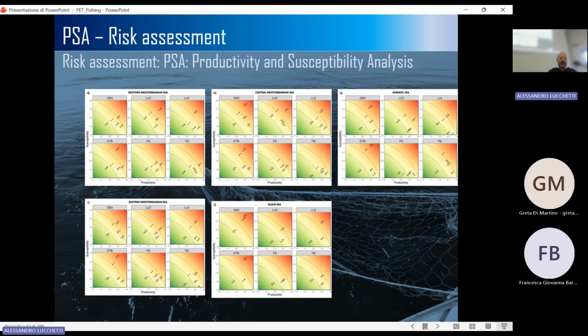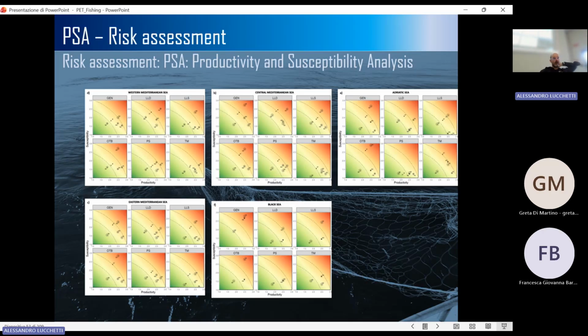And this is what happened for, I don't remember which species is this one. It's really small. There are sea turtles, but you cannot see, and other species.